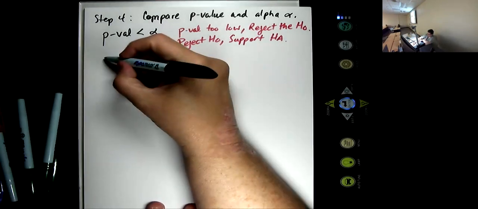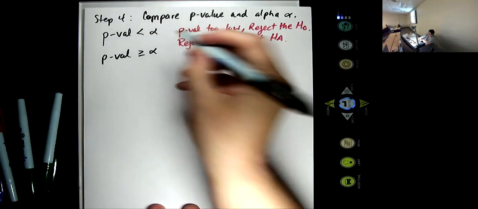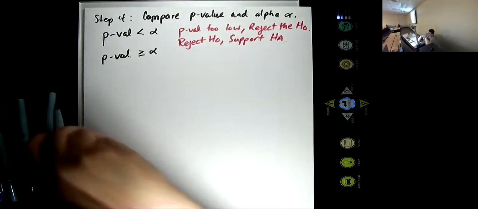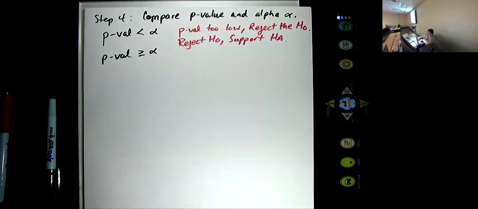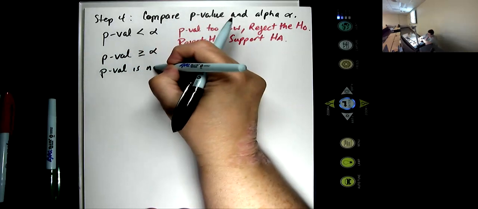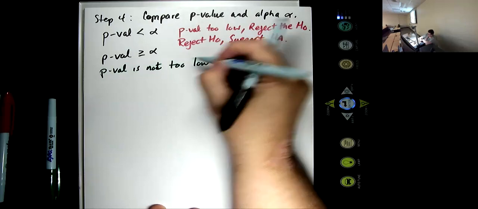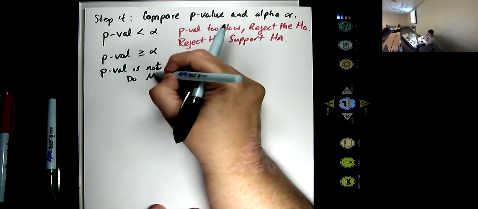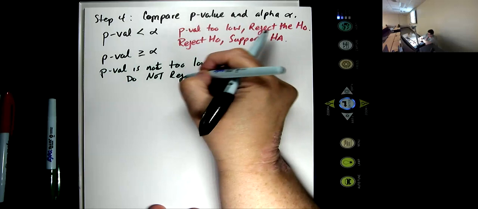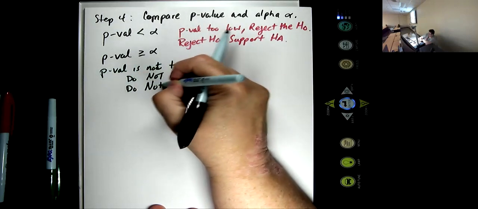Then if p-value is greater than or equal to alpha, p-value is not too low. Do not reject H naught. Do not support HA.